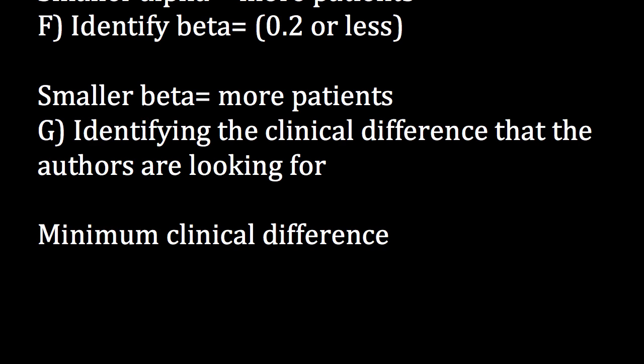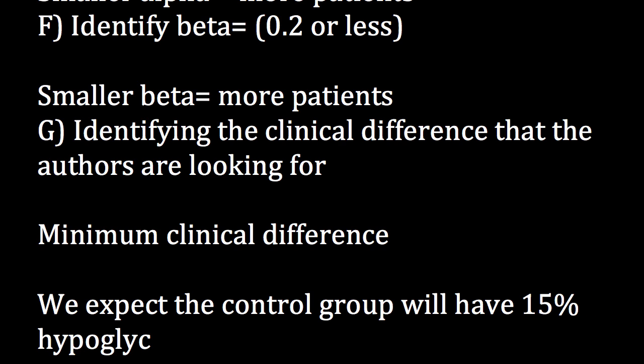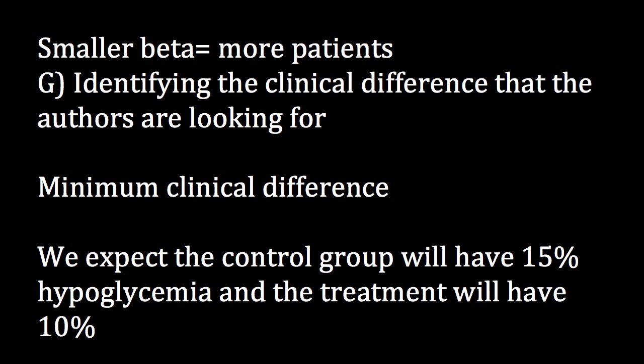So for example, authors will commonly have a statement like this. We expect the control group will have 15% hypoglycemia or low blood sugars, and the treatment group will have 10% hypoglycemia.